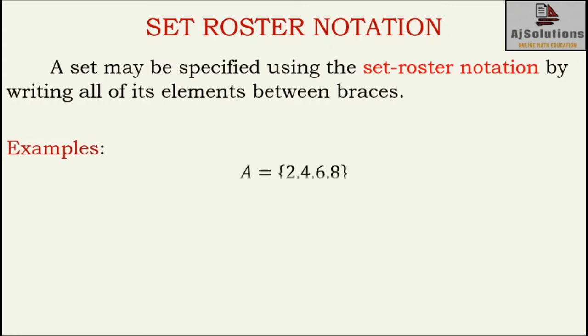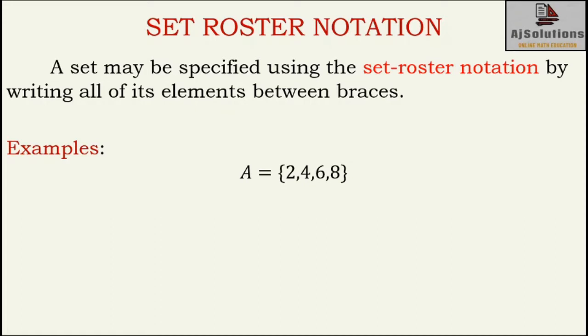For example, here I have written all 4 members of the set between the braces. It may not be possible to write all the elements of the set because sometimes your set may be too large.